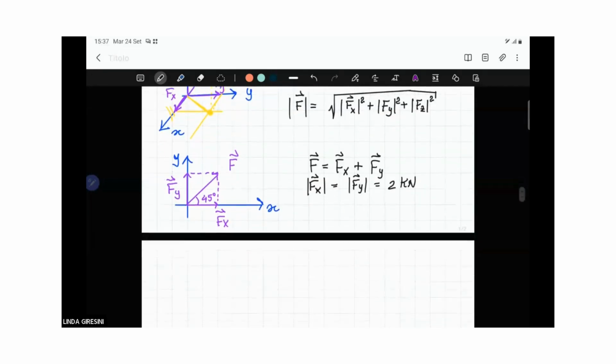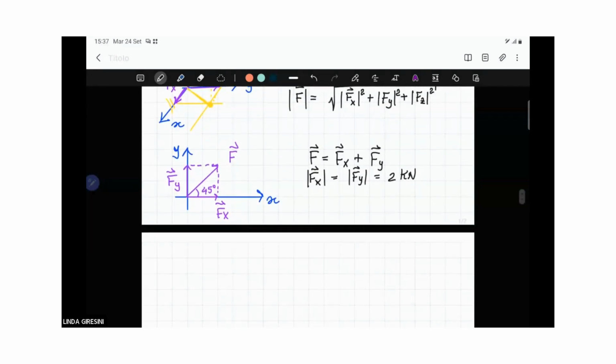Okay, so 2 kilonewtons, they have the same force. So if we want to express them in terms of coordinates, we can say that Fx is the point 2, 0, because the y component is 0, right?